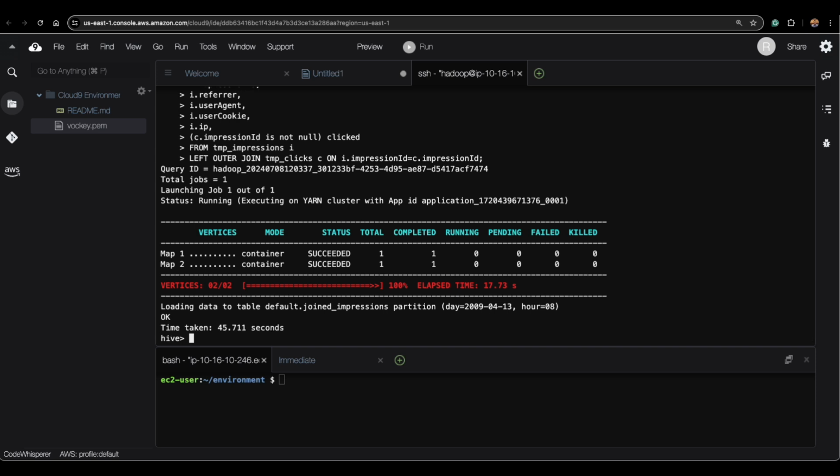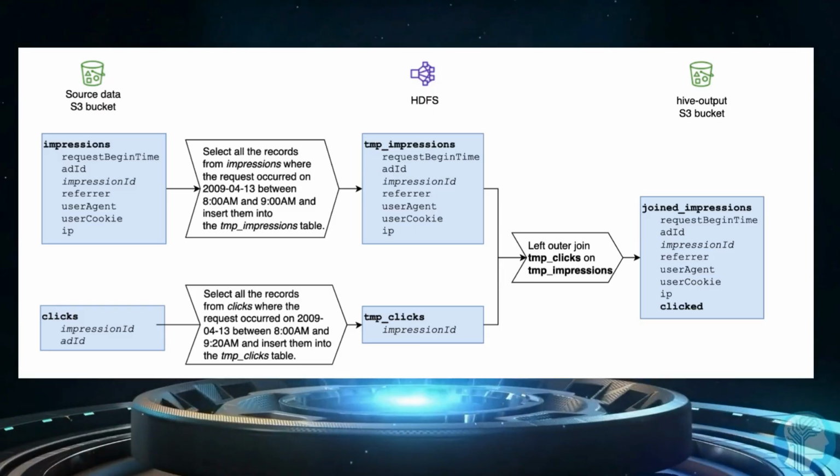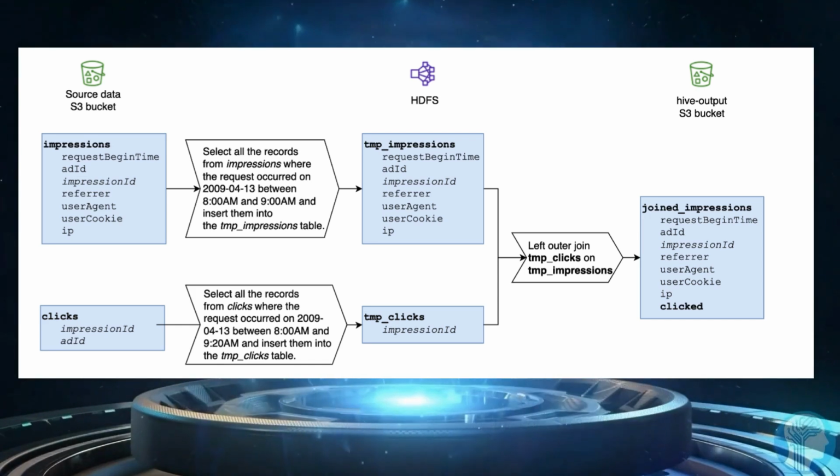Because the joined_impressions table is stored in Amazon S3, the output can be made available to other EMR clusters. Congratulations! In this task, you successfully combined the data from the two source tables into a single queryable table. The displayed diagram on your screen summarizes your accomplishments and also shows where the data of each table resides.